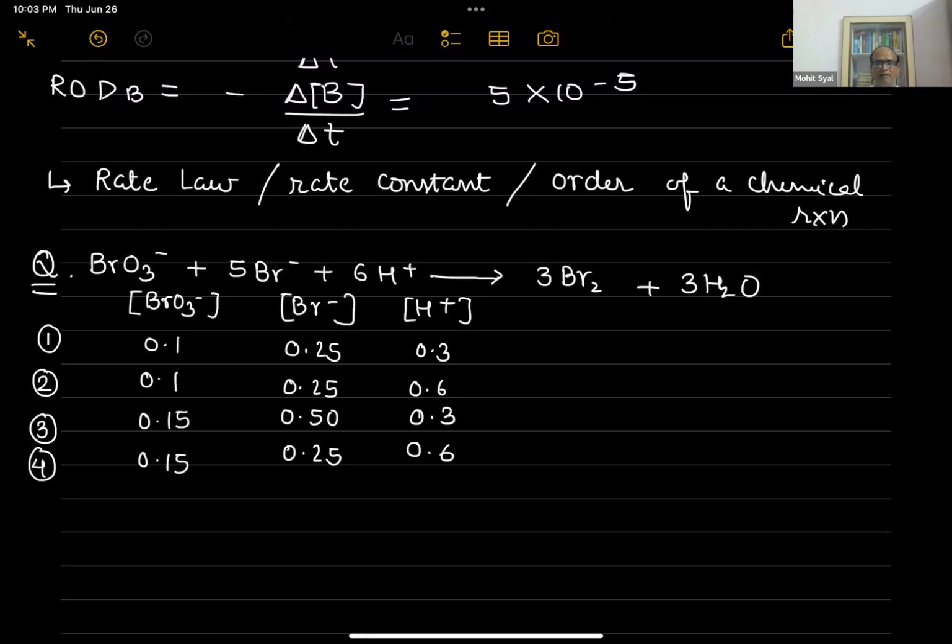When you start every reaction with a new set of concentrations, you get different rates. So these are the initial rates.